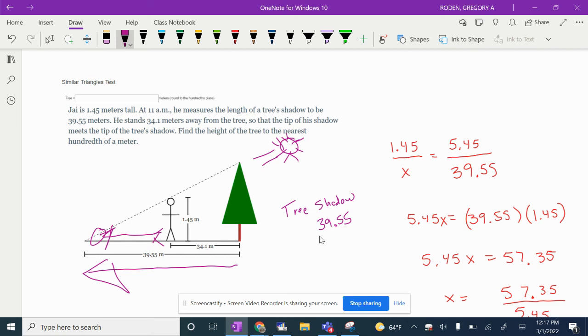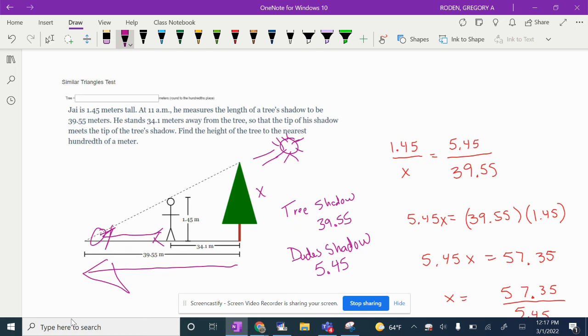Okay? I don't know, Jai, is that his name? The dude's shadow is 39.55 minus 34.1. So I got the dude's shadow to be 5.45. Okay? And so now what I want to figure out is the height of the tree.